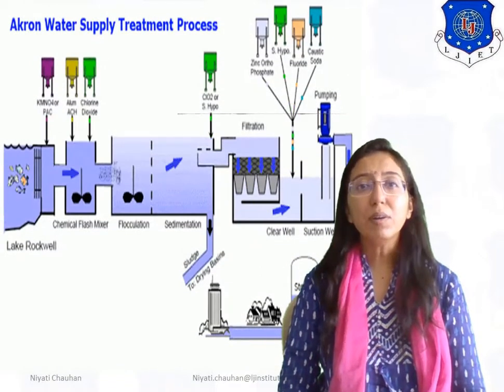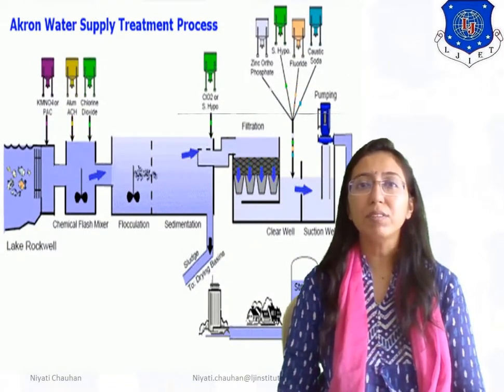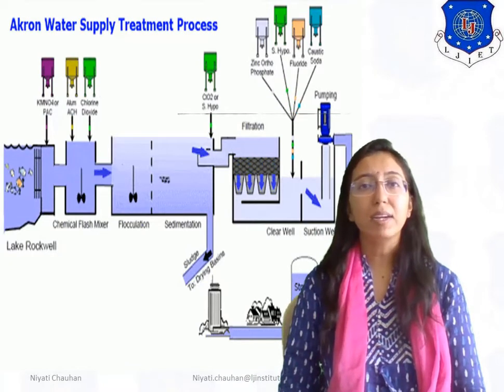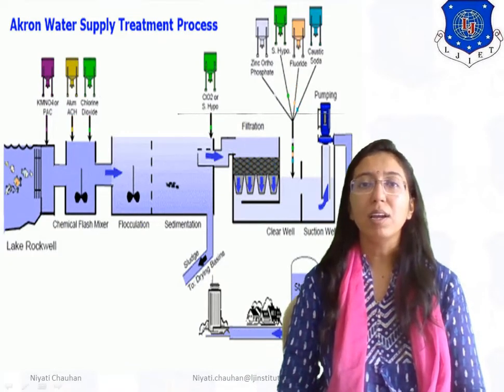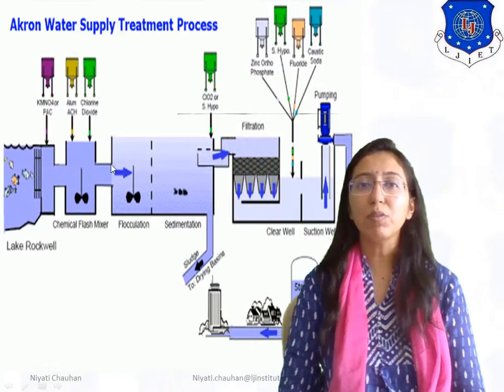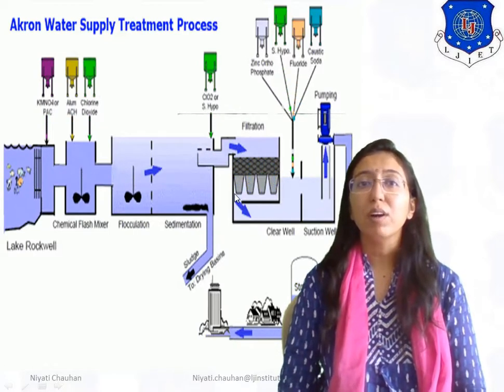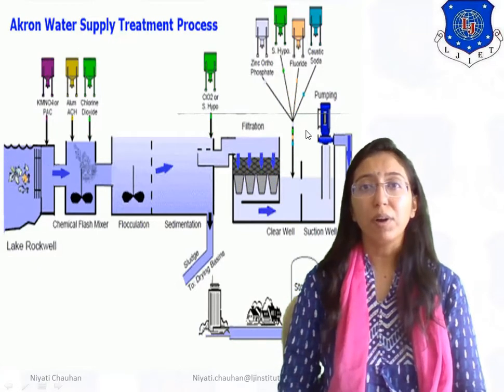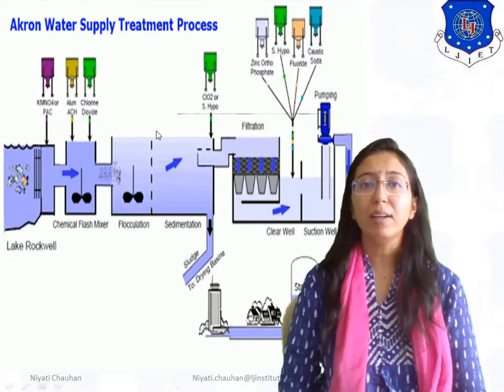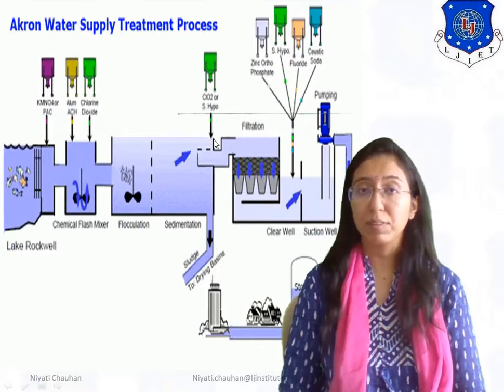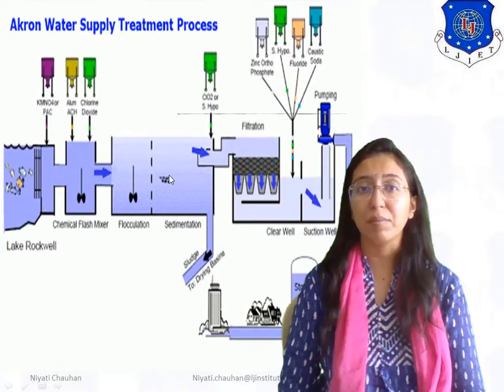In chapter 2, we have studied the water supply treatment process. In the water supply treatment process, there are different processes we use for treated water. You know the sedimentation process, as you can see in the diagram.